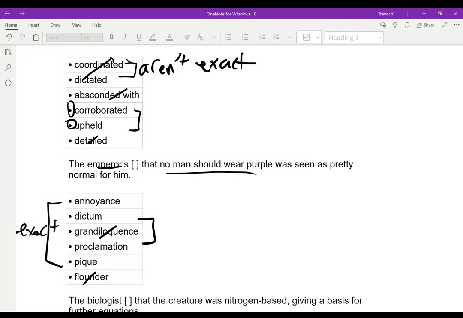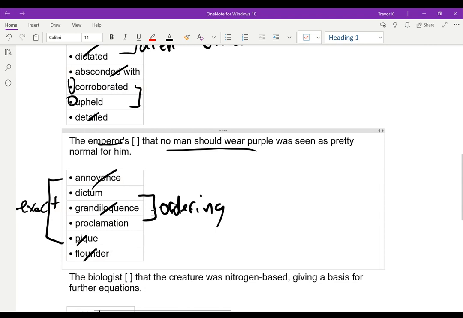We'd have to invent a pretty elaborate story why an emperor would be annoyed that no man's wearing purple. And if you're reaching that far, you're probably reaching too far. So a dictum or a proclamation, both of which mean he's saying this or he's ordering it, make a lot more sense here. So yeah, dictum and proclamation.